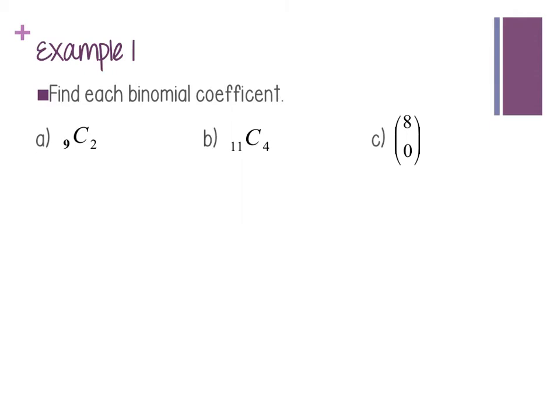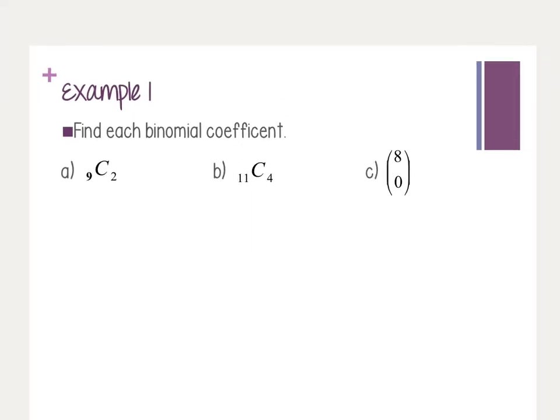All right, so first example, find the binomial coefficient. Again, it is CNR equals n factorial over n minus r factorial times r factorial. So A would be 9 factorial over 9 minus 7 factorial times 2 factorial.